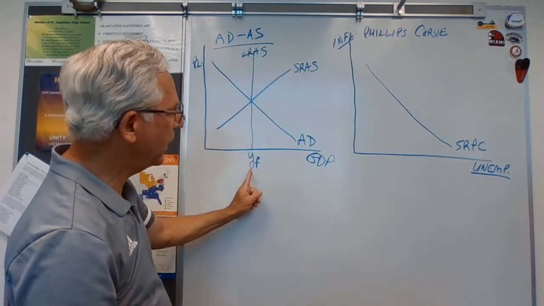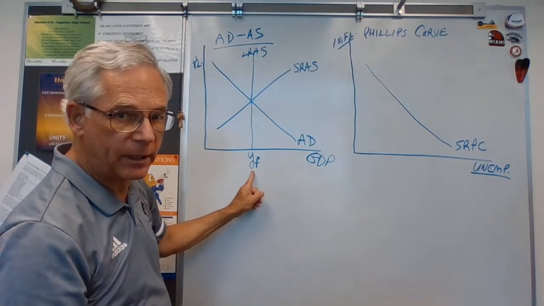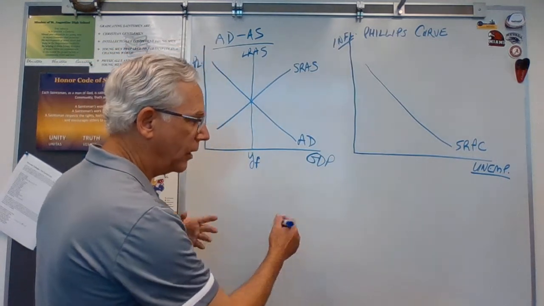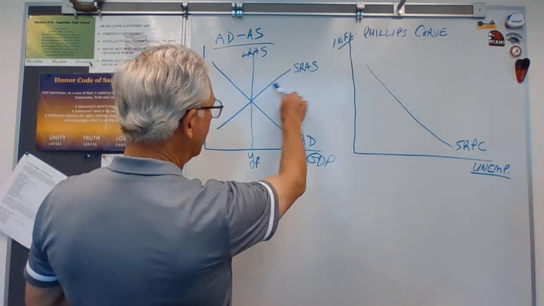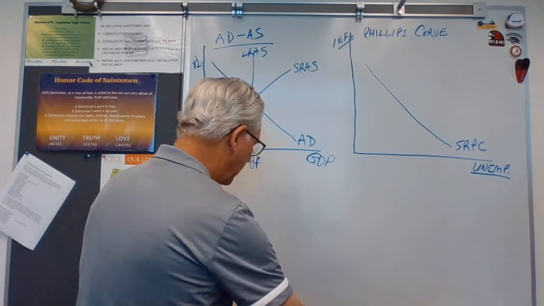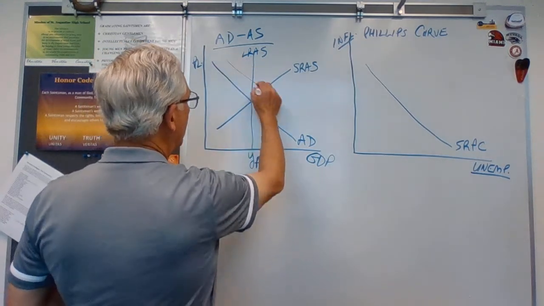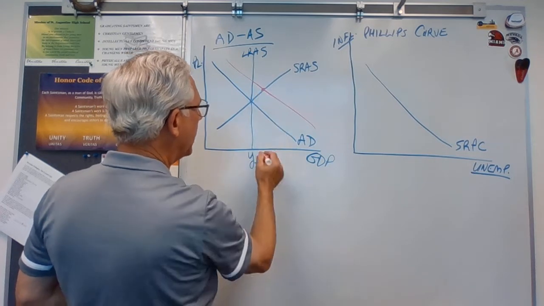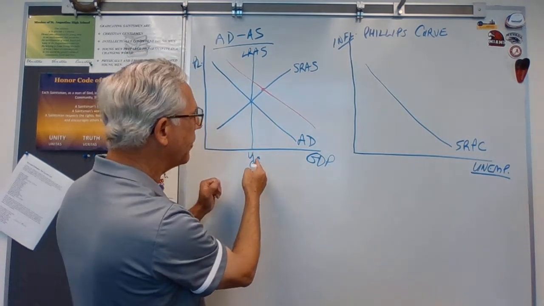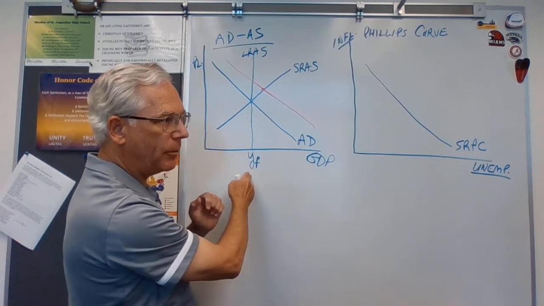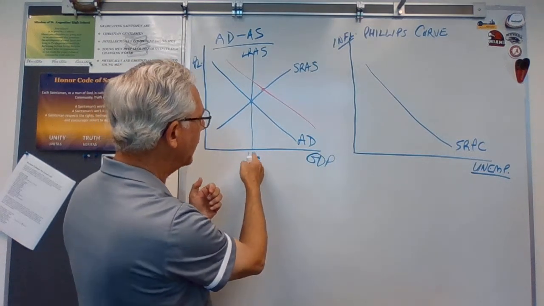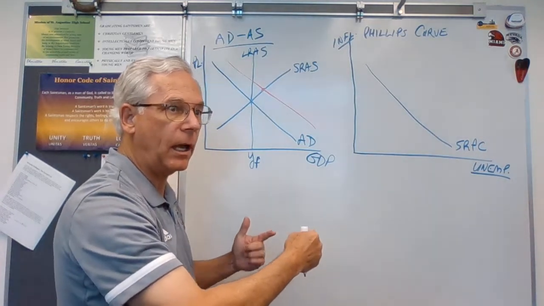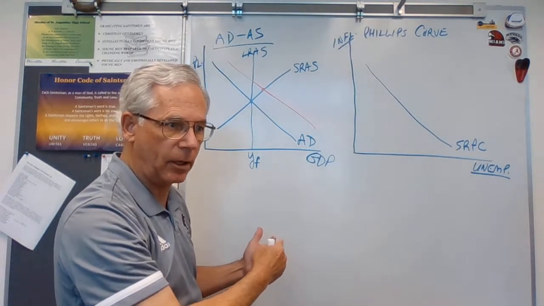Long-run aggregate supply is at Y full employment, the output that is full employment output. Typically, what happens in an economy is that aggregate demand is shifting back and forth. So I'm going to go to a red pen now. What happens if aggregate demand shifts to the right? Well, we get inflation, but we get lower rates of unemployment. If the natural rate of unemployment is, let's say, 5%, and we're operating beyond full employment, that means that we're operating at 4 or even 3% unemployment.